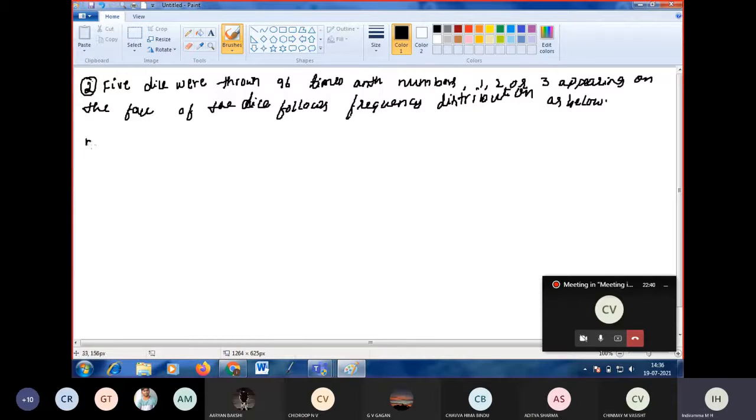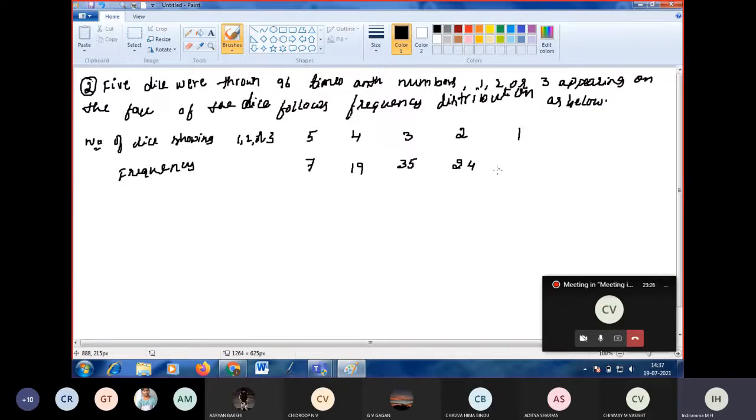So write down the data given. Number of dice showing 1, 2 or 3: if all 5 dice are showing, the frequency is 7 times. 4 dice showing 1, 2 or 3, that is 19 times. 3 dice, 35 times. 2 dice, 24 times. 1 die, 8 times. 0 dice, 3 times.